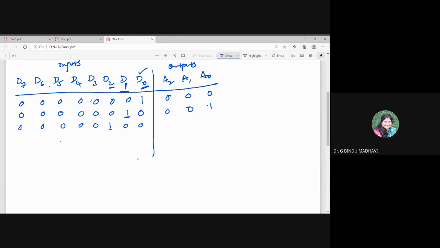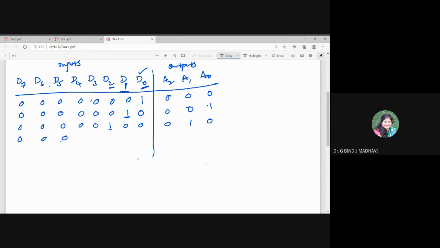When D2 is supplied, with the remaining all zeros, the output will be 0, 1, 0, the three-variable combination representing the binary data.